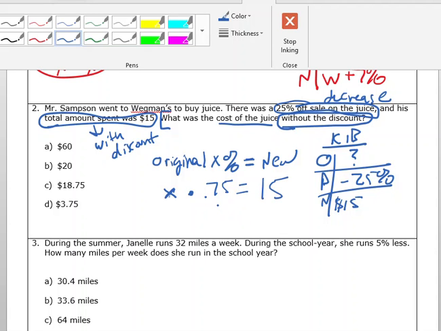I said times 0.75 because I paid 75% of the price of the juice. If I multiplied it by 0.25, I would just get 25% of that. So I'm looking for the original price multiplied by the percent that I paid is equal to $15. I'm going to divide both sides by 0.75. And when I do that, that is going to leave me with $20.